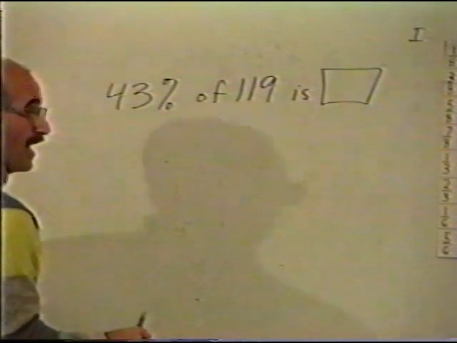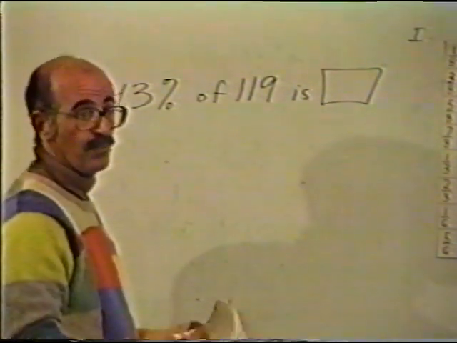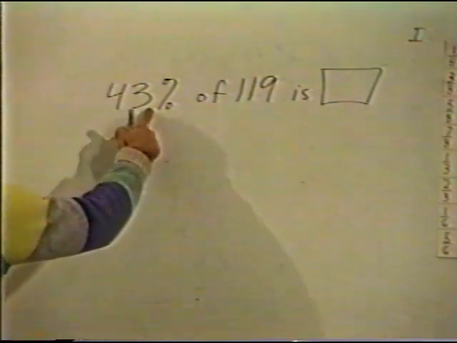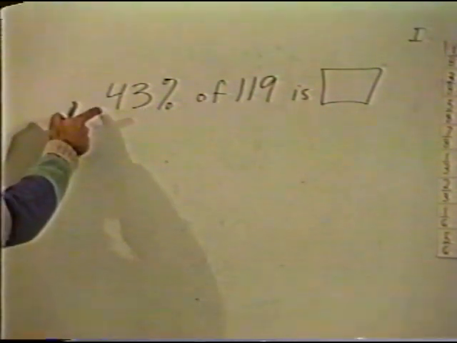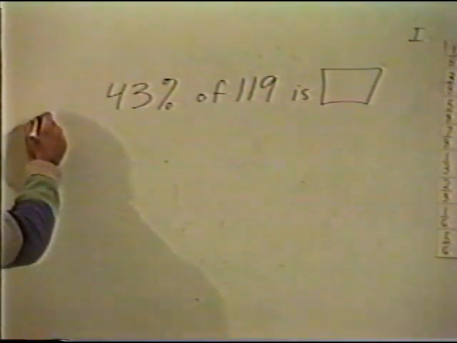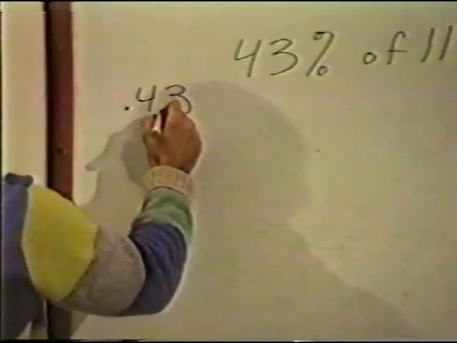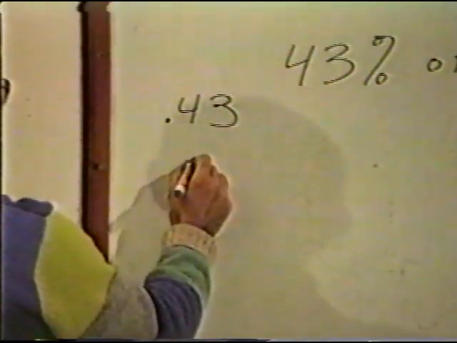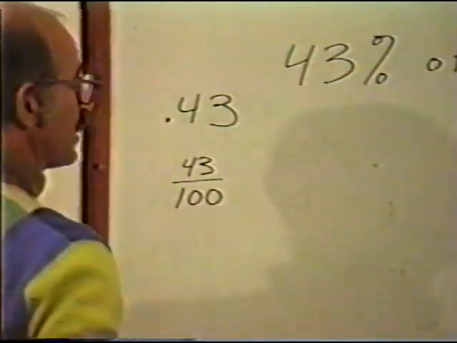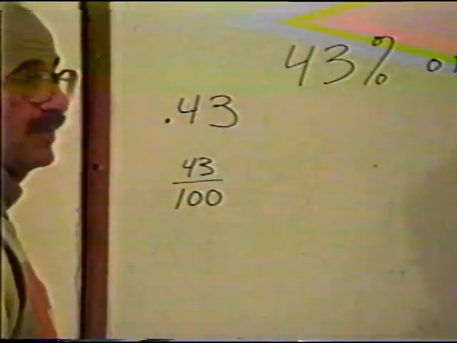43%. That's not a percent that we recognize. Let's make it into a decimal by moving the decimal place 2 places to the left. We get 0.43. Read me that number. 43 hundredths. Can that fraction be reduced?